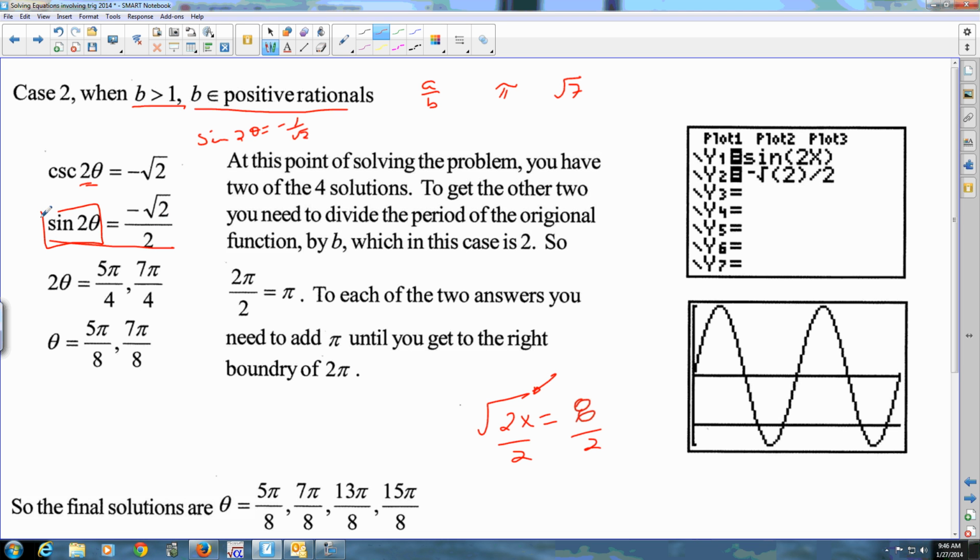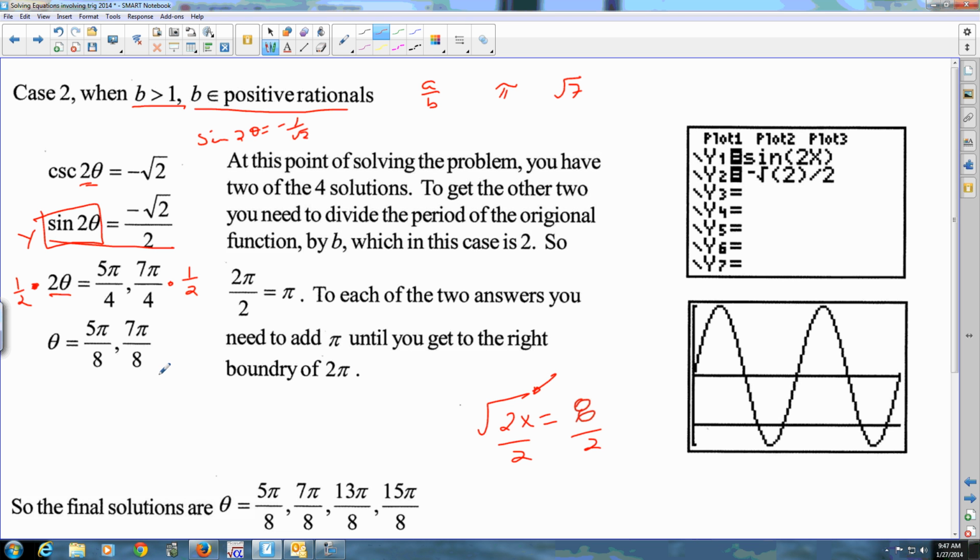This whole thing is asking you, where's your y value? Negative square root of 2 over 2. Well, we just did that. But when I strip off the sine, that leaves me 2 theta equals 5 pi over 4 and 7 pi over 4. I need to get rid of this 2 by multiplying by half on both sides. The half distributes in and gives you 5 pi over 8 and 7 pi over 8.